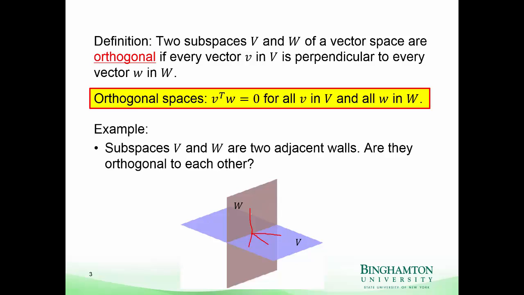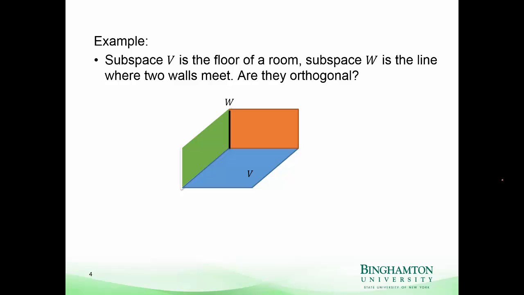Any vector I draw here seems to be orthogonal to that one, but wait a minute. Look, that vector is in both, as is that vector. And those vectors are certainly not orthogonal to each other. In fact, they're collinear. So any vector that lies where the two planes intersect will not be orthogonal to itself. Even though we could say one's in V, one's in W, the definition does not hold. So those are not orthogonal subspaces.